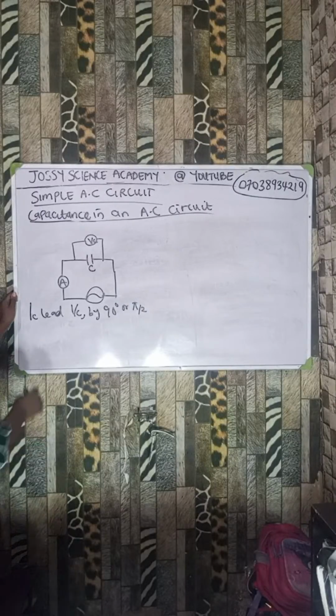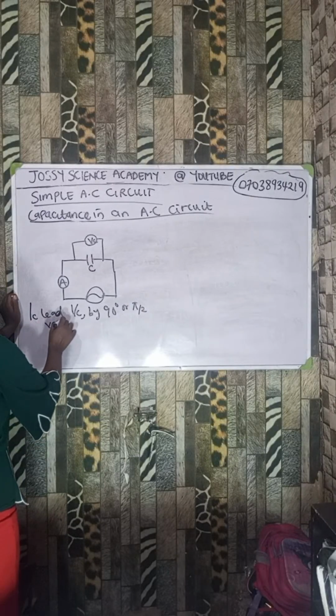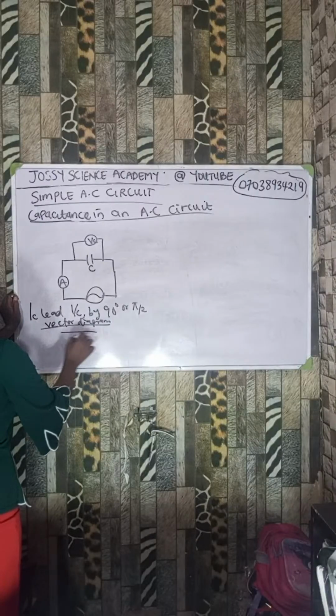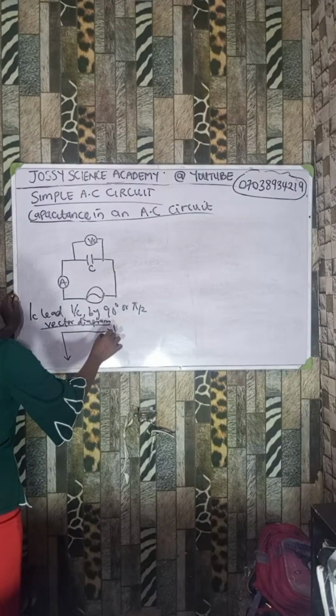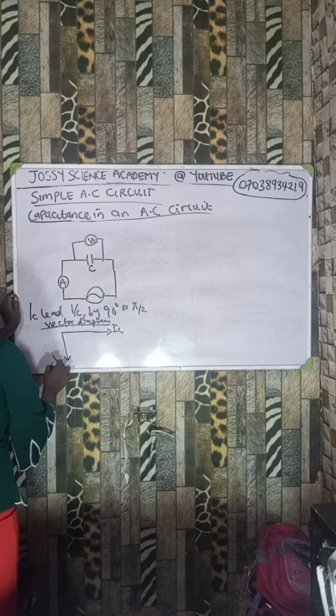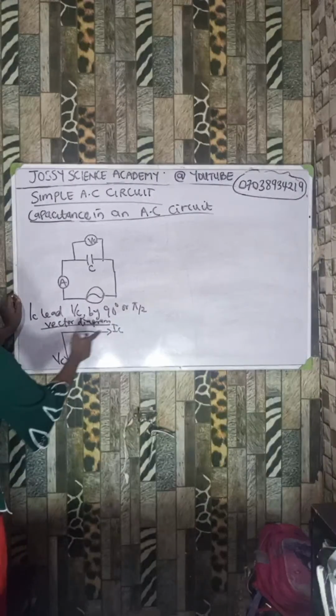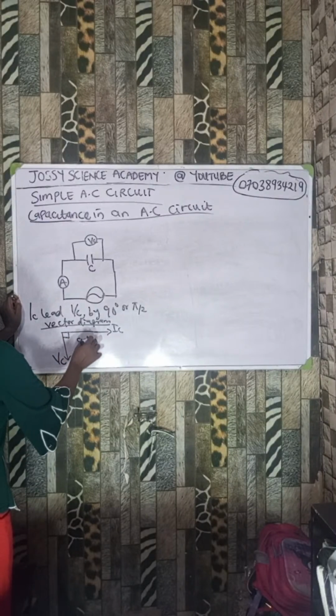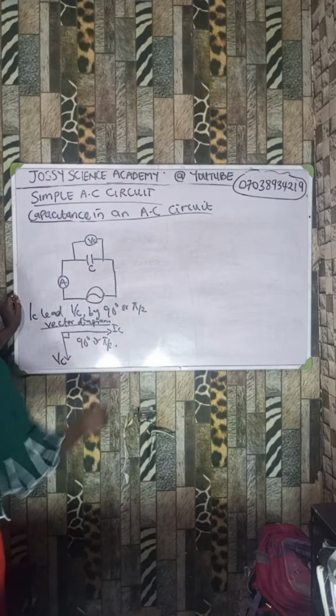Now, what is the vector diagram? Very important for JAMB. Vector diagram. So I have this, I have this. So this is IC and VC. So this is leading while this is lagging, and it's leading by 90 degrees, or pi over 2.